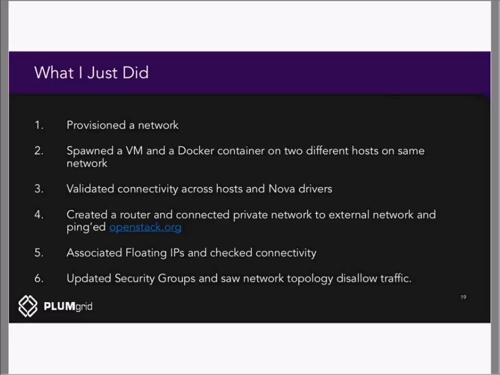Then we added a router and attached it to the external network and the private network, and we checked external connectivity. We also tested floating IPs and checked connectivity from outside to inside. And in the end, we looked at some of the functionality of security groups. So what you saw was a VM and a container, as part of the same OpenStack cloud, running in a unified networking layer with Neutron and the PlumGrid ONS plugin.